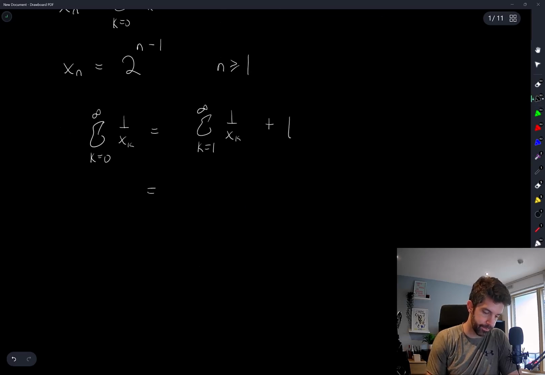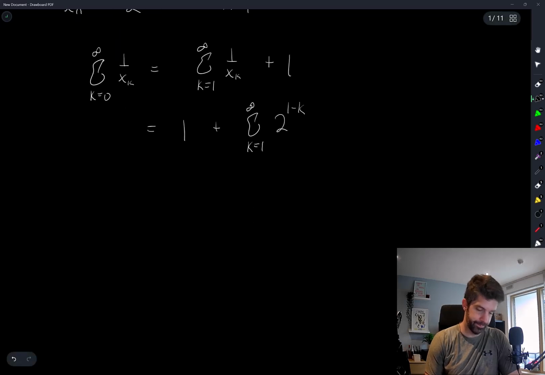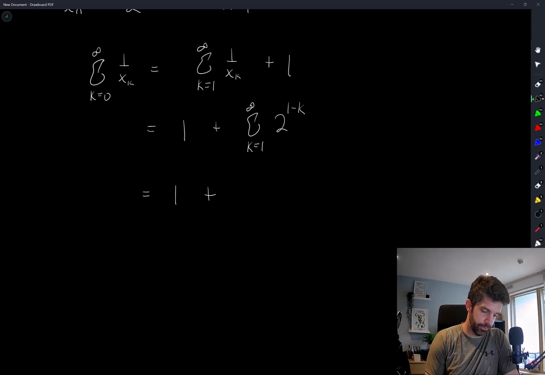So we have 1 plus the sum as k goes from 1 to infinity of 2 to the 1 minus k. Okay, and that's 1 plus, so we take the first term, 1 over 1 minus r, when k is equal to 1, where r here is equal to 1/2.